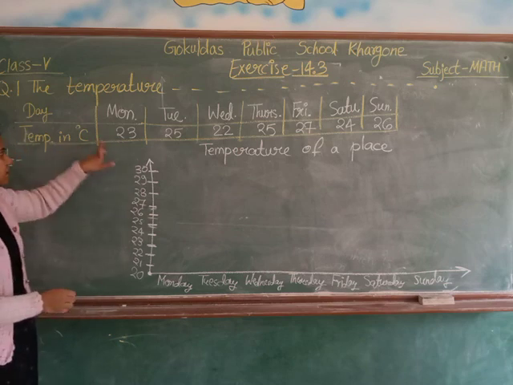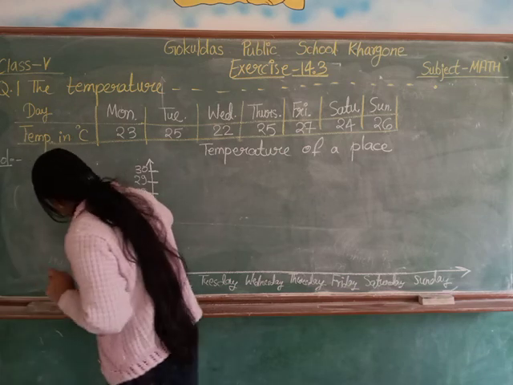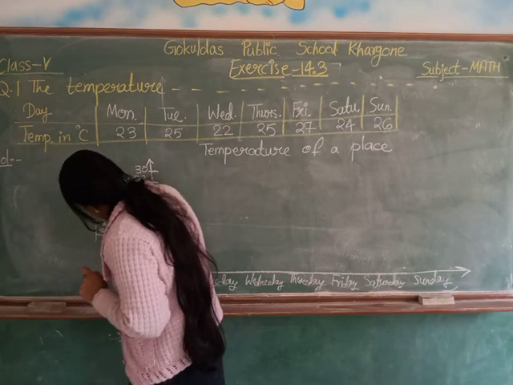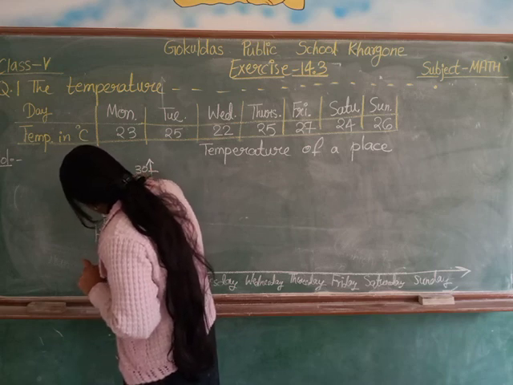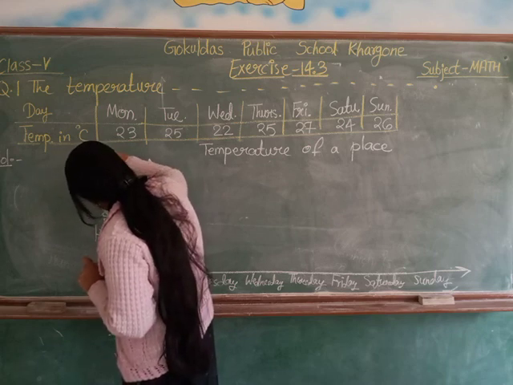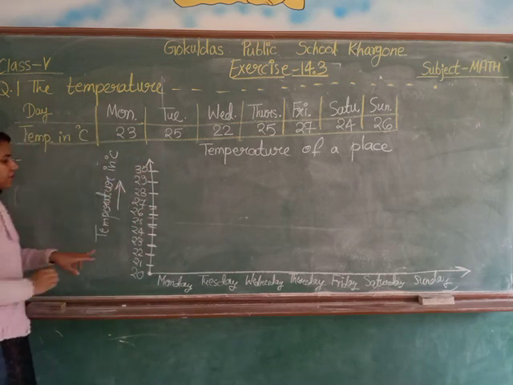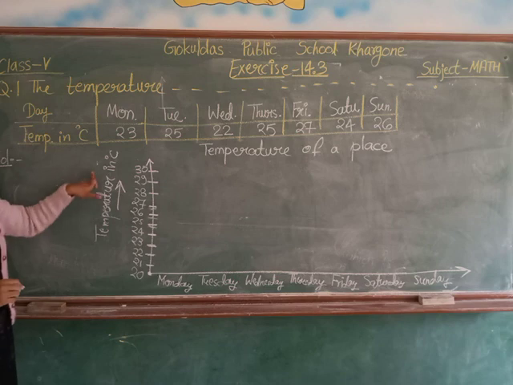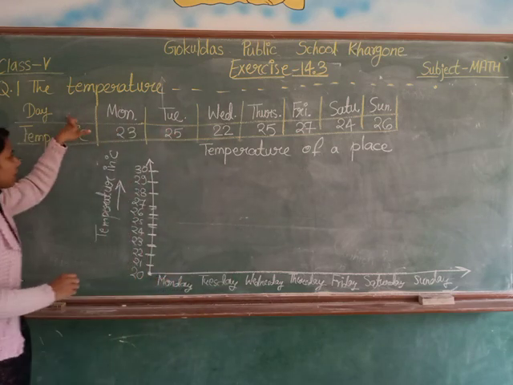These numbers on the vertical line are showing what? Temperature in degree C. So write here temperature in degree C. And these Monday, Tuesday, Wednesday, all these are what?